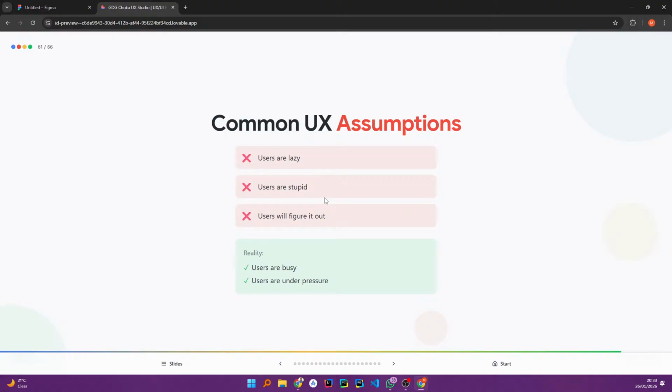The users, they won't figure out a certain workflow that easily. And some users are under pressure. So although they know, they want to get something done immediately. So they need a workflow that has minimal or no friction. And yeah, these are common assumptions that UX UI designers make.